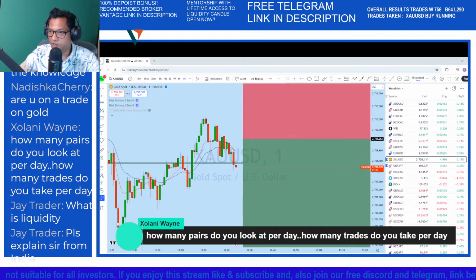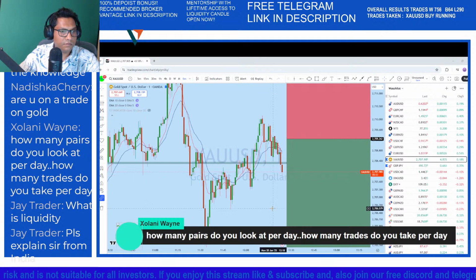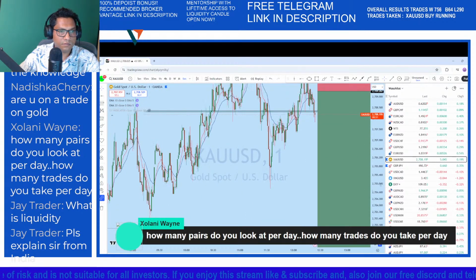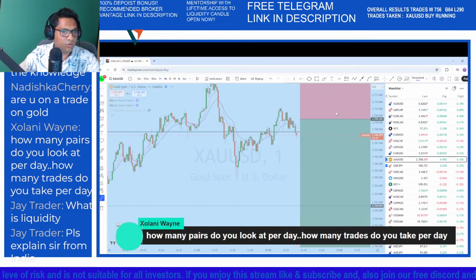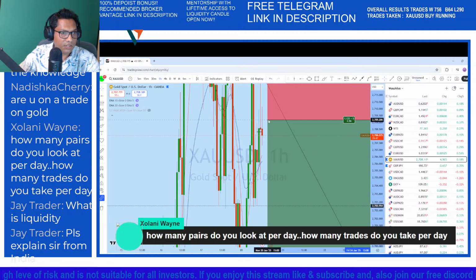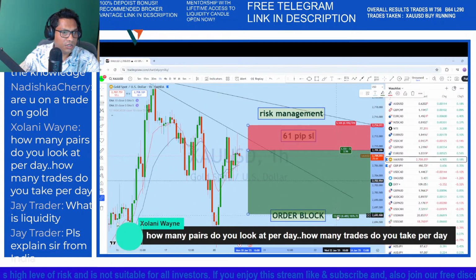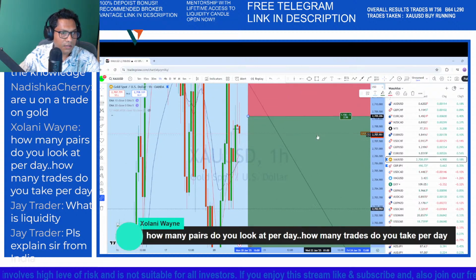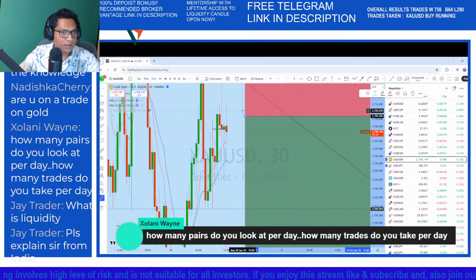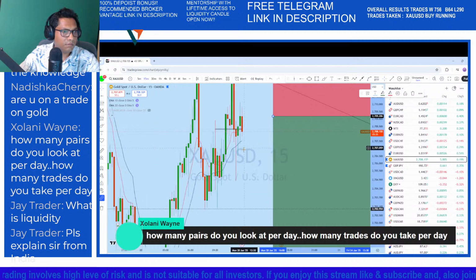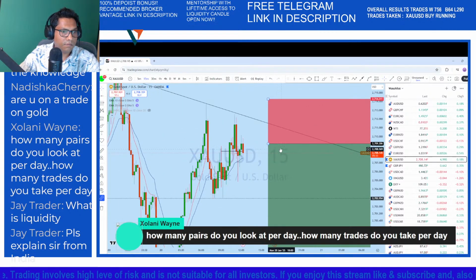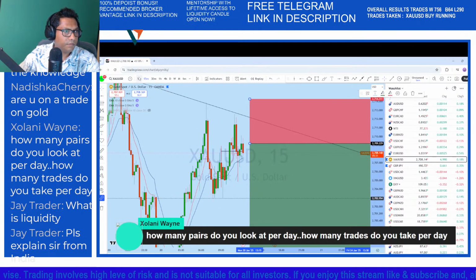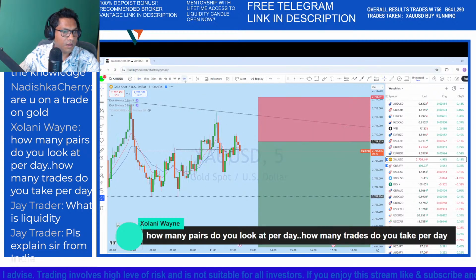Okay, so we see some improvement in the price action, and looking again at the 1 hour chart, we can see that there is a 1 hour doji, and five minutes, 1 minute.